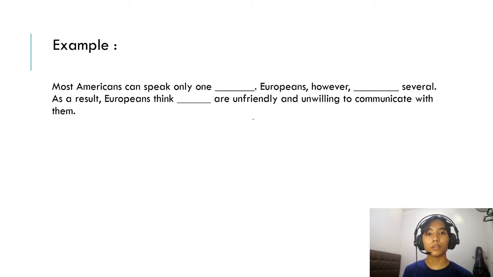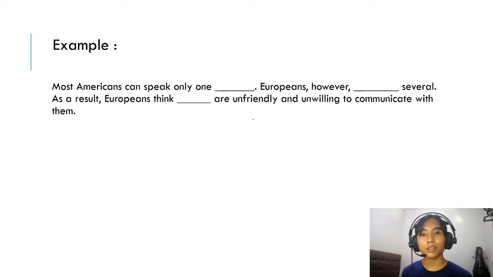To make it clearer, I will give you an example. You have to find the word that matches the blanks by yourself, okay? I will give you time: 5, 4, 3, 2, 1.